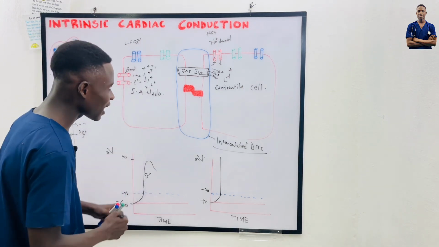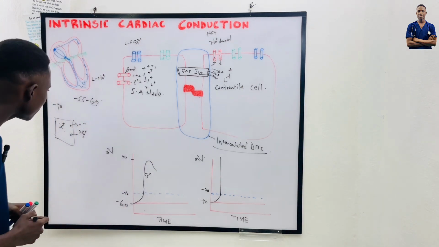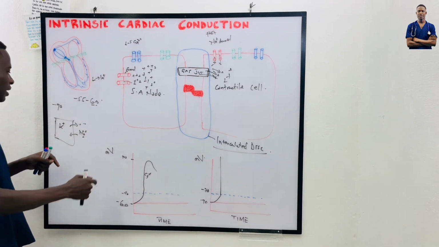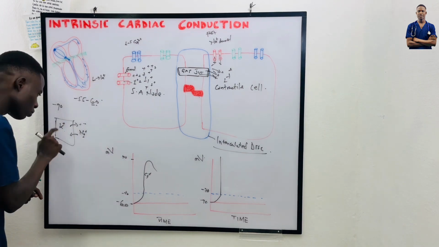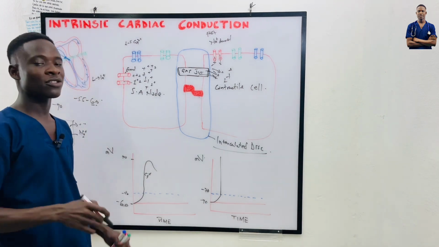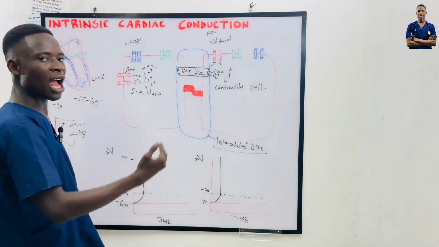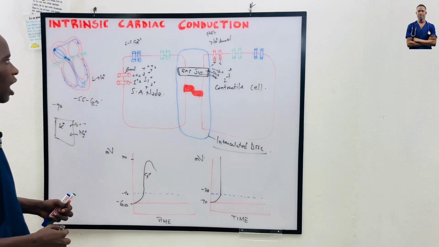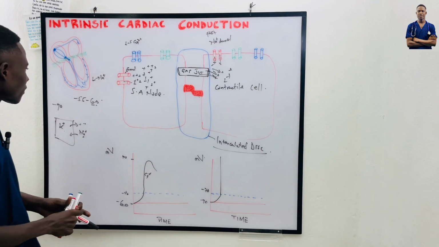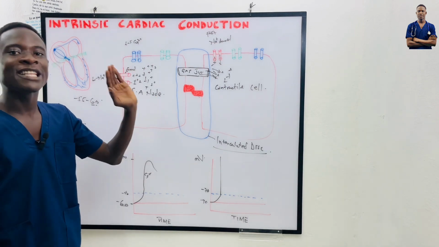So in bringing it back, mind you, I made mention that inside the cell there are more potassium ions. Potassium ions are abundant in there than outside. So in here there will be the opening of the potassium channels.